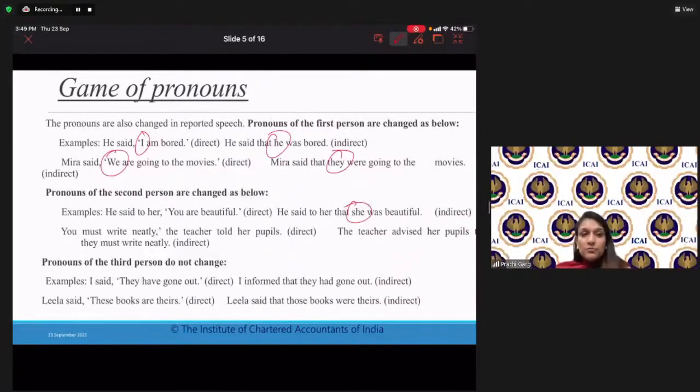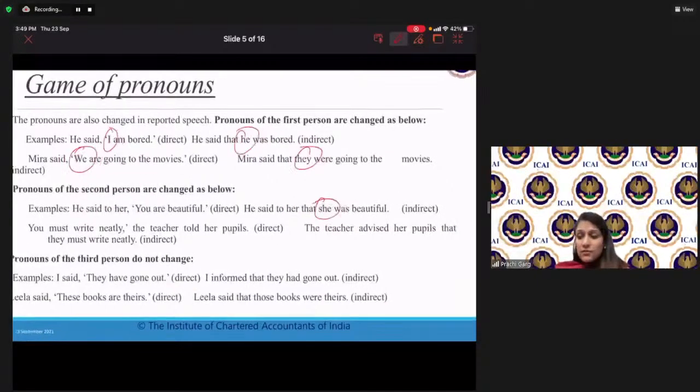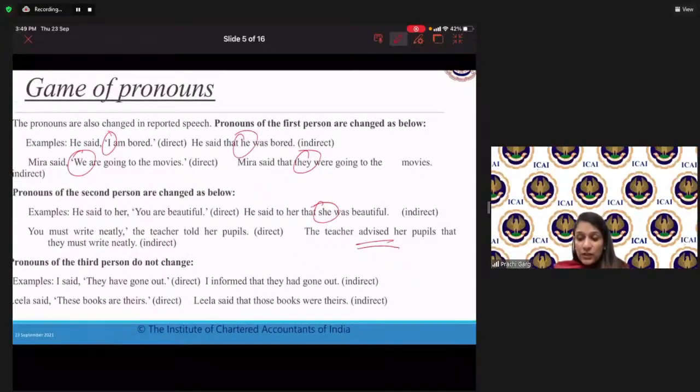Okay. You must write neatly, the teacher told her pupil. The teacher advised. Now, whenever you know it is an advice, you can use different kinds of reporting verbs. You can use advised, told, asked, said, requested. You can have different ones to convey a better meaning.